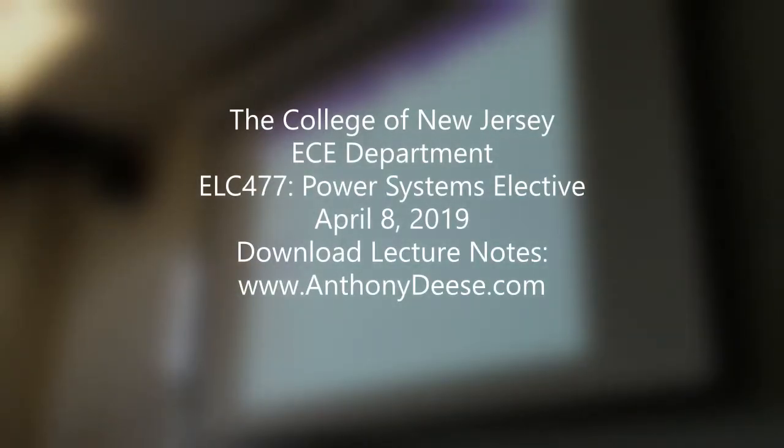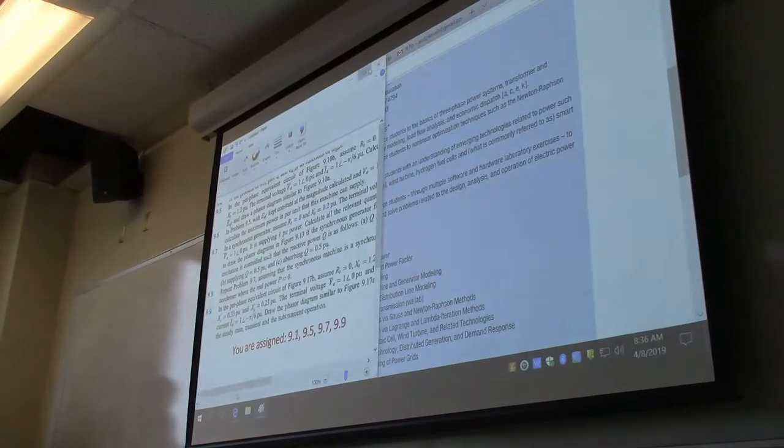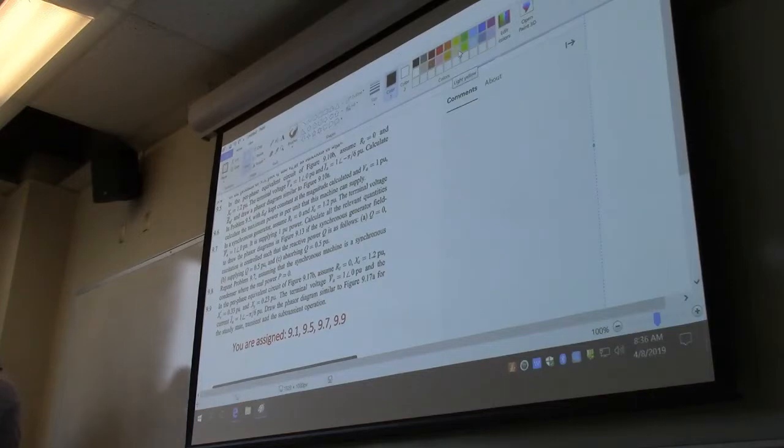This problem asks us, so we have a synchronous generator, it's 9.7, with the following parameters.